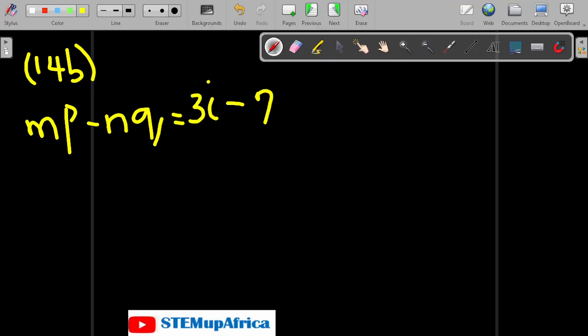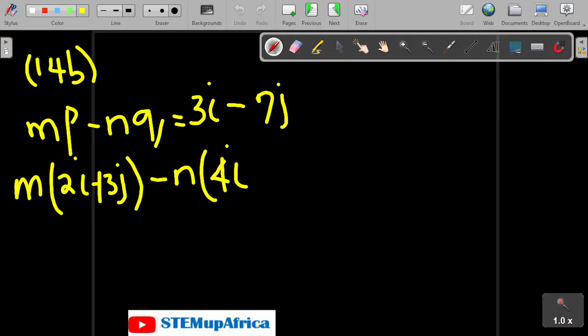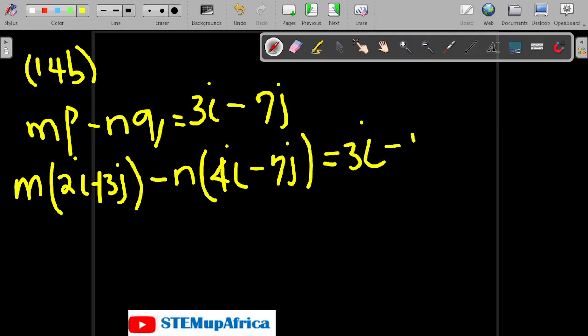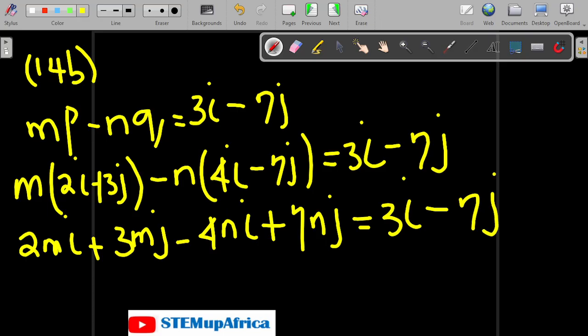That will give me m into 2i plus 3j, which is the value of p, minus n into 4i minus 7j, is equal to 3i minus 7j. So I will open the bracket. That will give me 2mi plus 3mj minus 4ni plus 7nj is equal to 3i minus 7j.